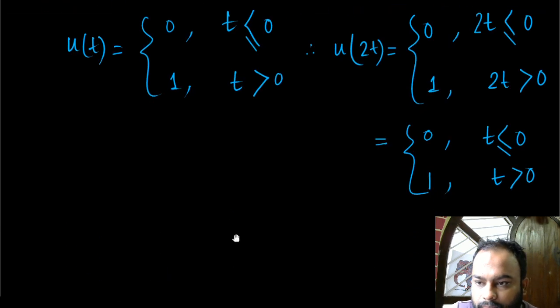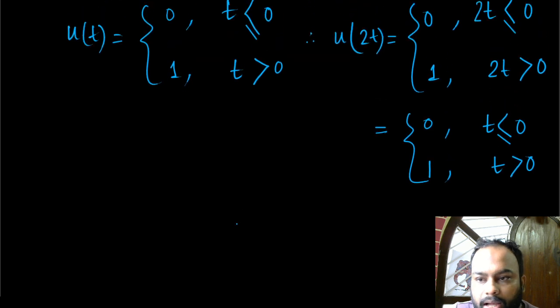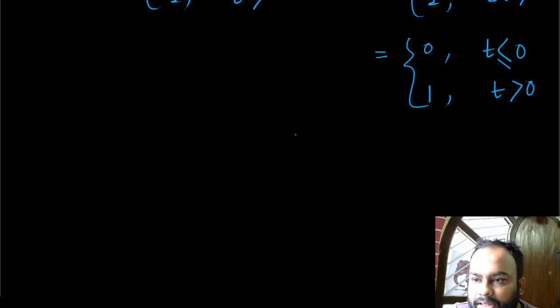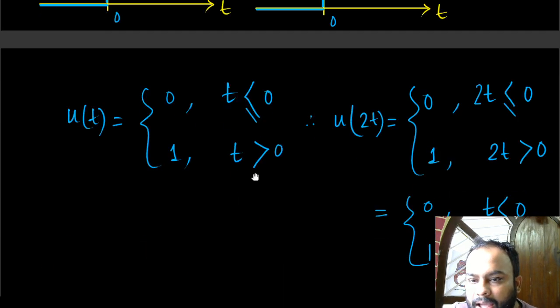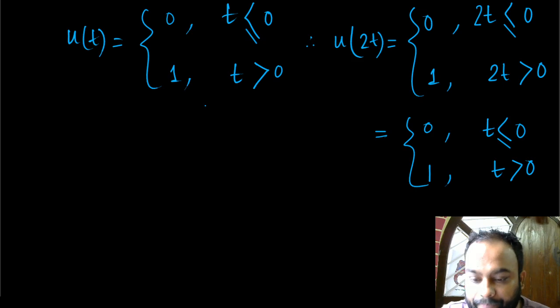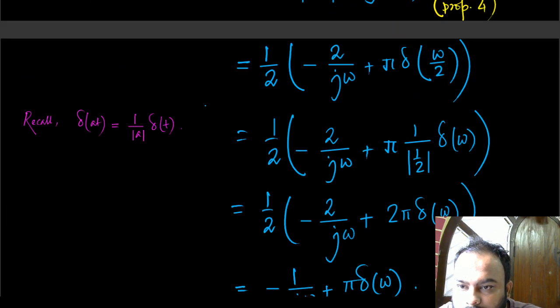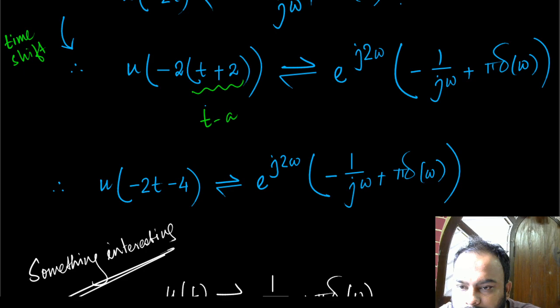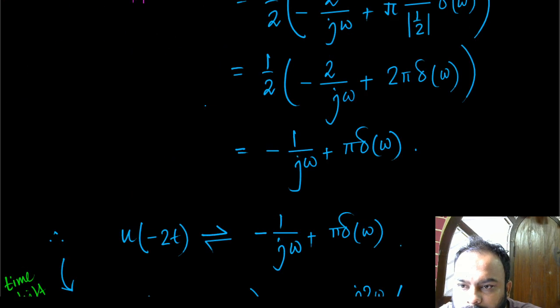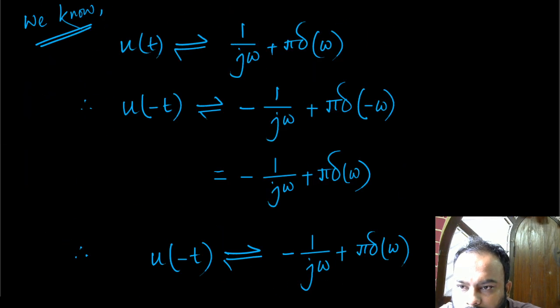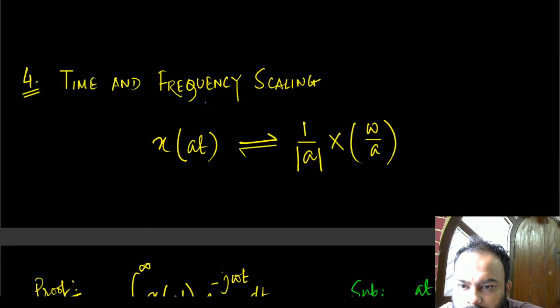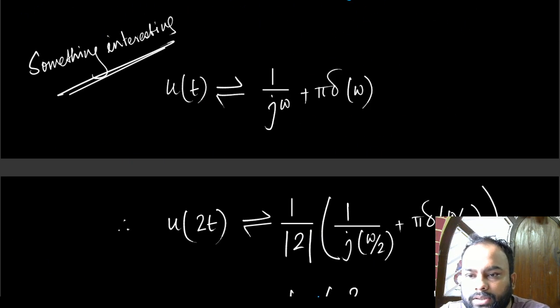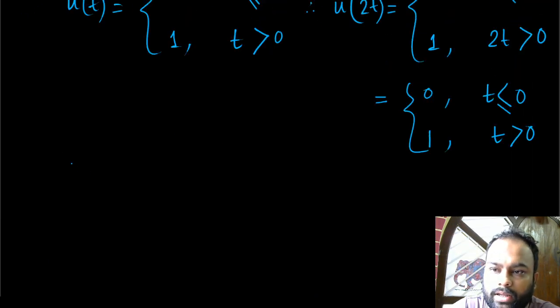All right. So with that said, we are going to end our discussion with a small problem here. I am going to ask you to calculate the Fourier transform of this.